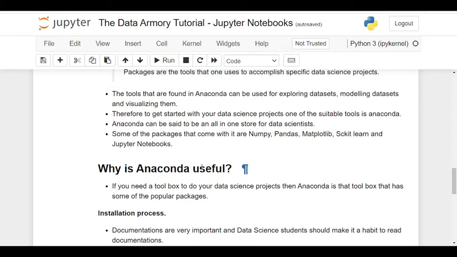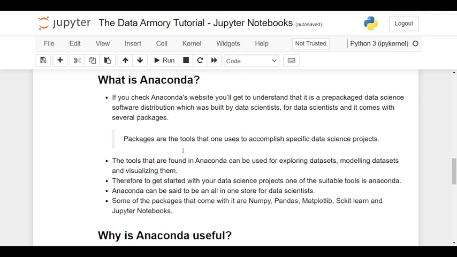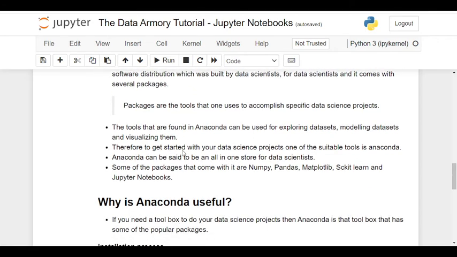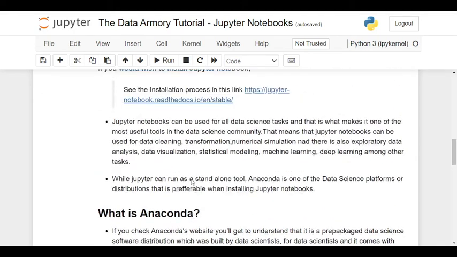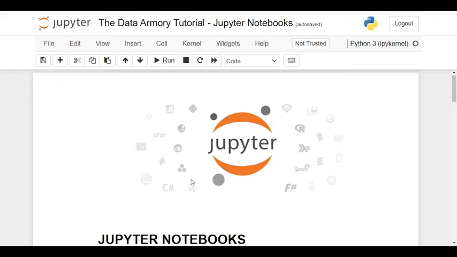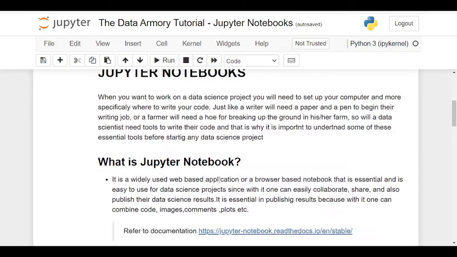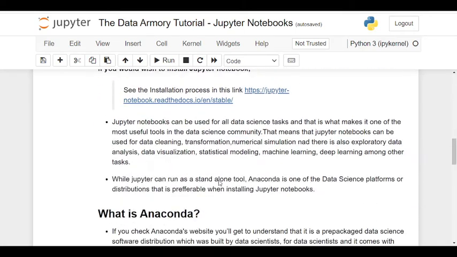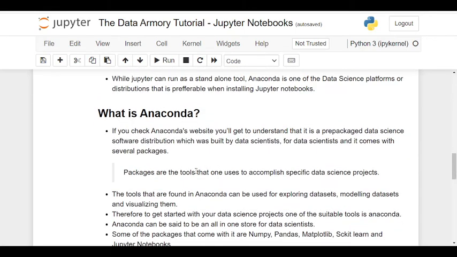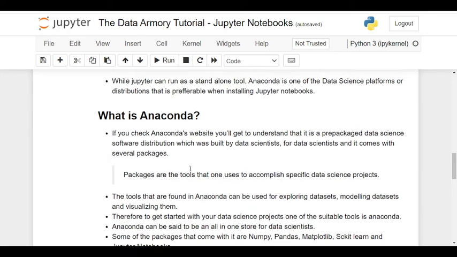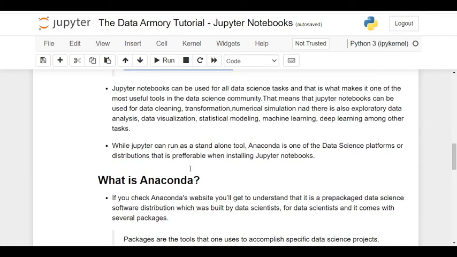And the reason why we will be installing Anaconda is that the Anaconda distribution has a pre-packaged tool, which is Jupyter Notebooks, which is the interest of this session. So that is what we were doing in this session, just giving a brief overview of what a Jupyter Notebook is and the best distribution from where you can get Jupyter Notebooks, in as much as it can also come as a standalone tool.